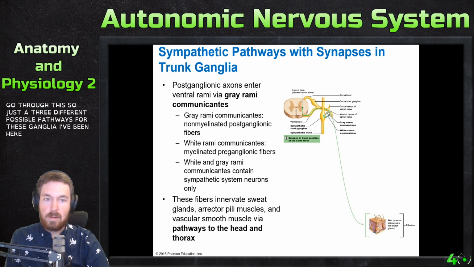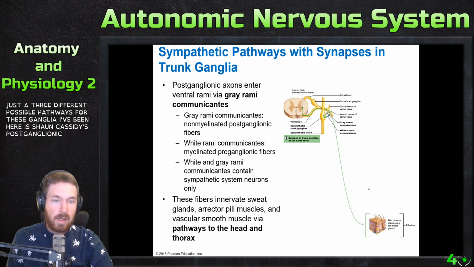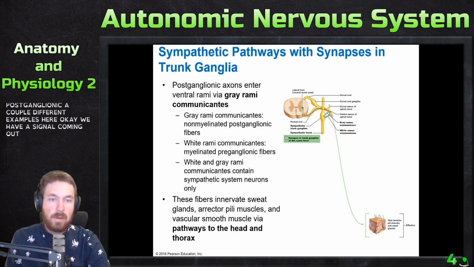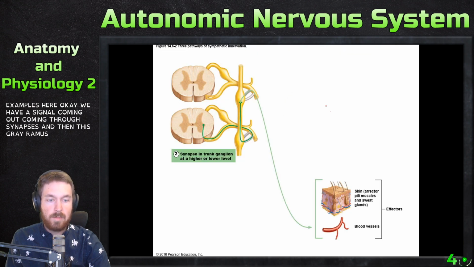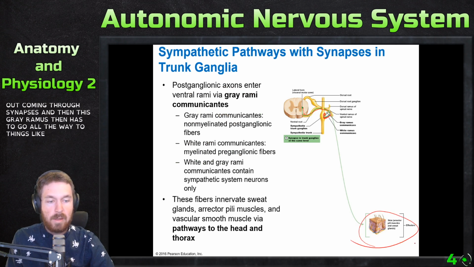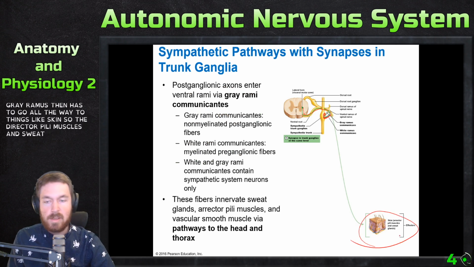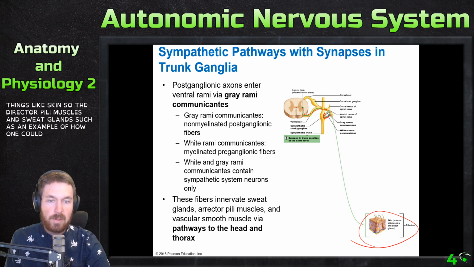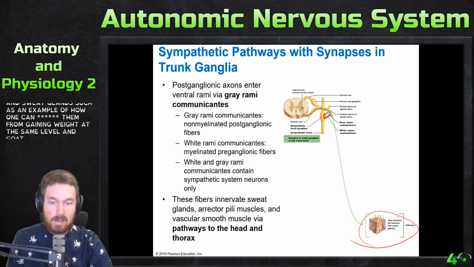And then here is shown, so these postganglia, just a couple different examples here. We have the signal coming out, coming through, synapses, and then this gray ramus has it go all the way to things like skin, so the erector pili muscles and sweat glands. So just an example of how one could synapse in the trunk ganglia at the same level and go to that same ganglia.